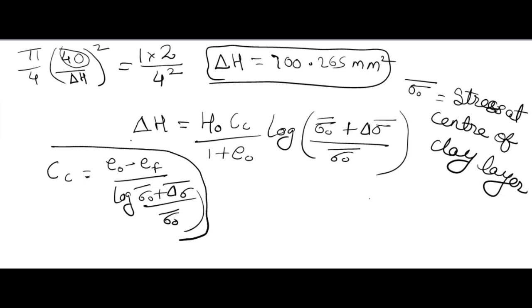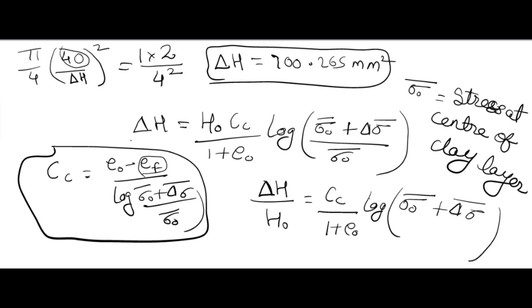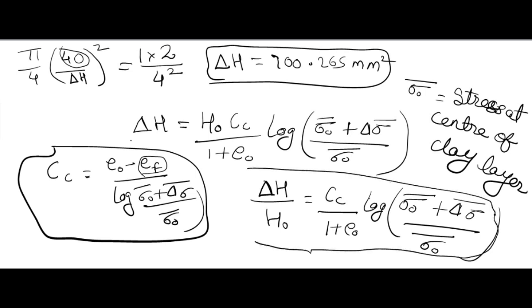But we don't know exactly what the final void ratio is, hence we cannot use this particular formula. So we will use delta H by H0 equal to Cc by 1 plus e0 times log of the initial effective stress sigma 0 plus the change in effective stress, by the initial effective stress. We have to use this relation to find the compression index.